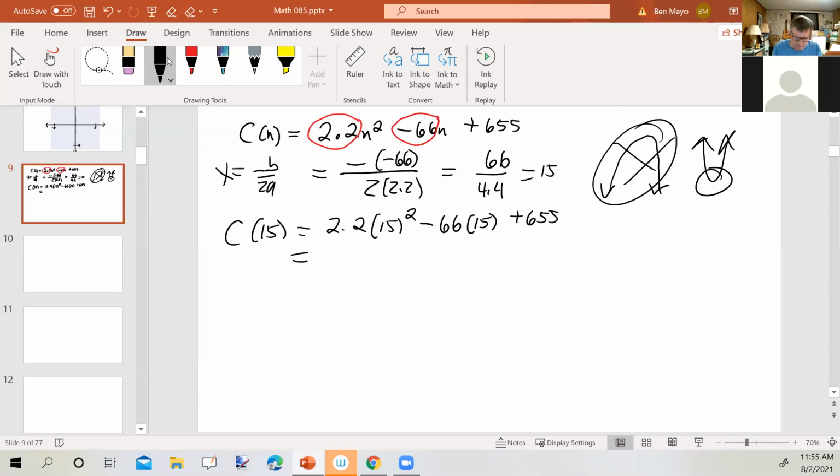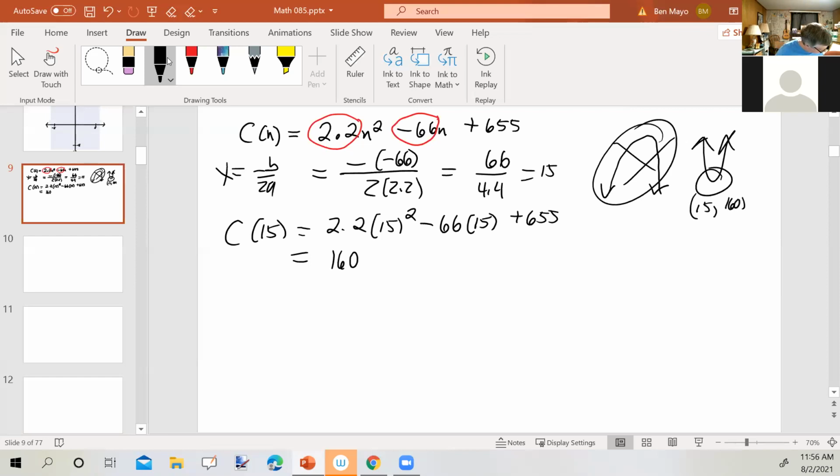Okay, let's see here. 2.2 times 15 squared minus 66 times 15 plus 655 equals, I'm getting 160. All right, so that means the vertex would be at 15, 160.